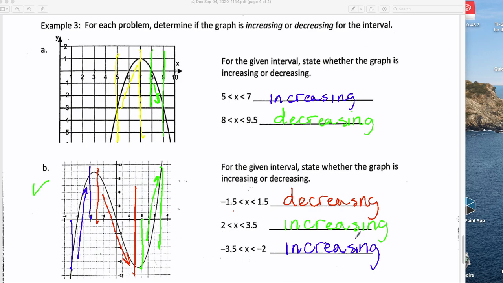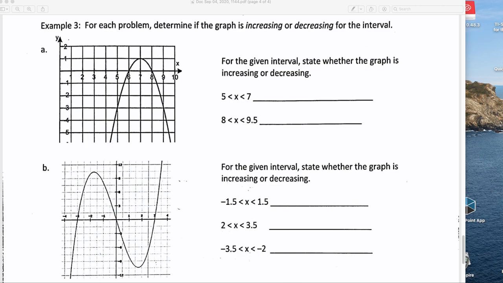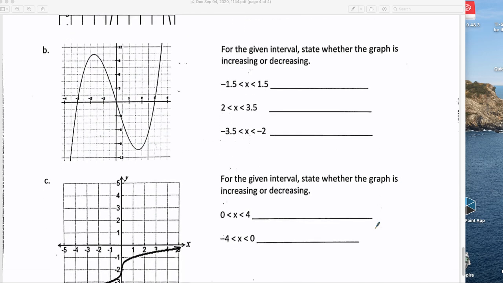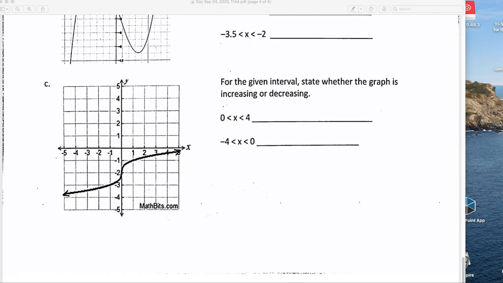Okay, let's go ahead and I'll let you write down anything you'd like there. There's one more. Always pause if you need to. Last one. For the given interval, state whether the graph is increasing or decreasing between 0 and 4. So where is x = 0? It's right here. Oh, I've got to put it back on the pen.